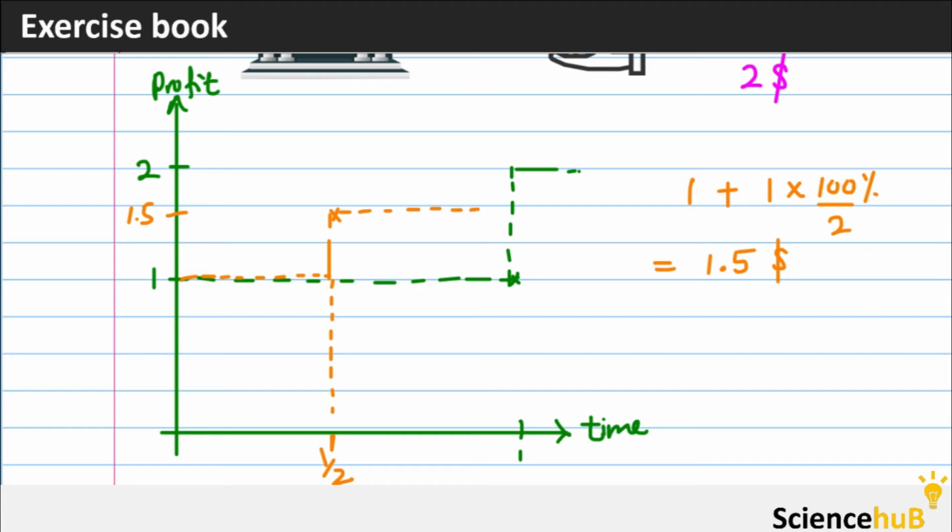At the end of the year you will get 1.5 plus 1.5 into 100% divided by 2, which is $2.25. Now you have $2.25.